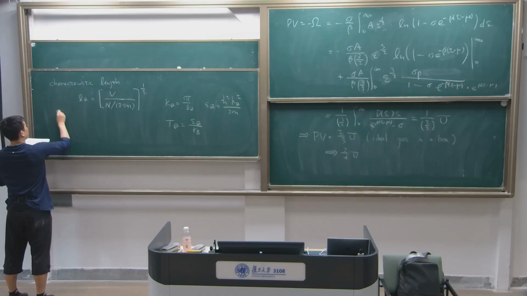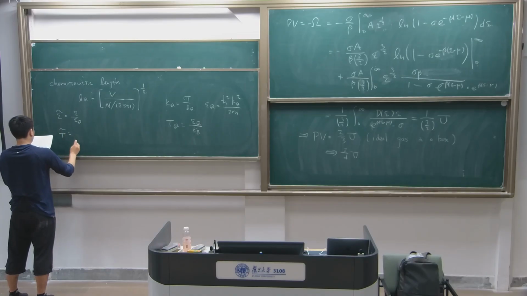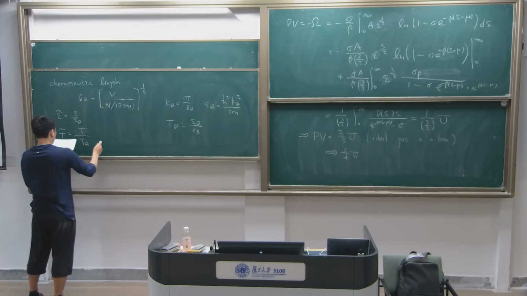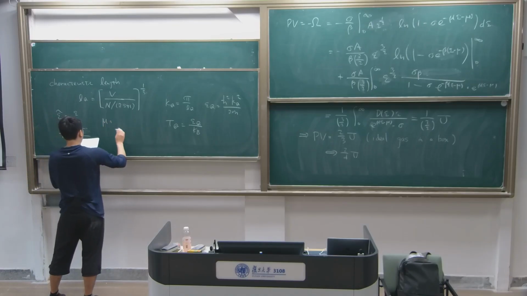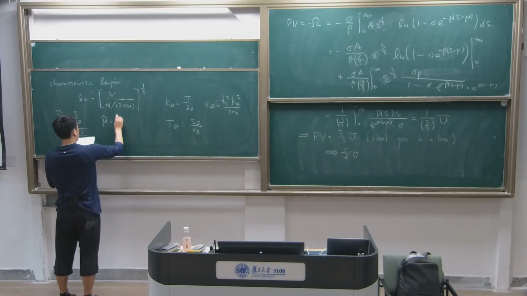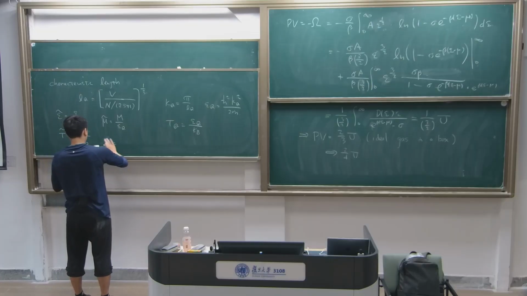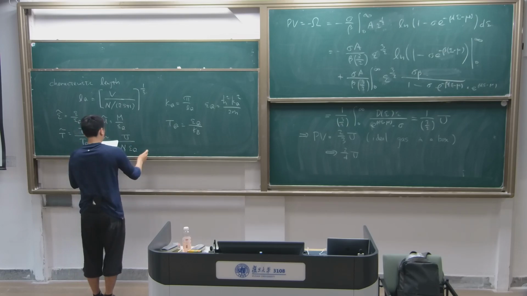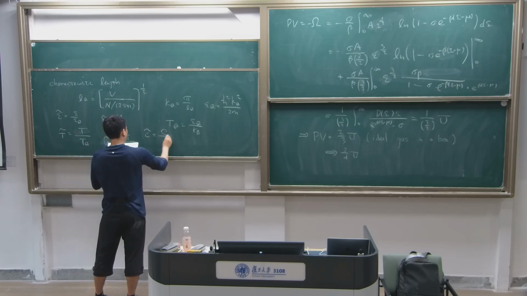So epsilon tilde is epsilon over epsilon_Q, and T tilde is T over T_Q. And mu tilde is given by mu over epsilon_Q, and u tilde is given by u divided by N epsilon_Q, and c tilde is given by C over N times k.